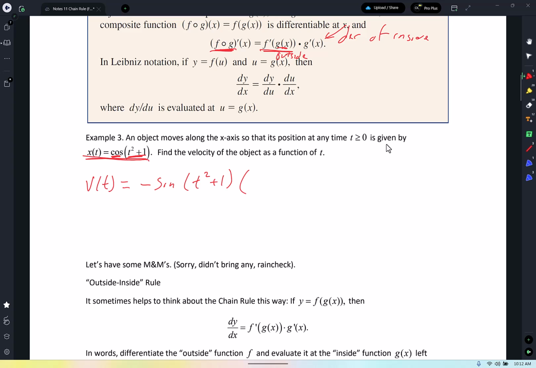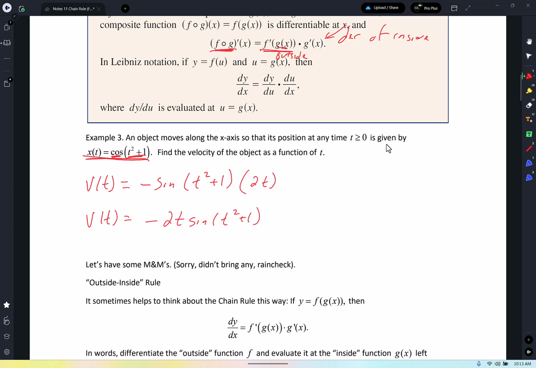It's cosine of t squared plus 1. So now you got to take the derivative of the inside. What's the derivative of t squared? 2t. There it is. So if we're rewriting it nice and pretty, negative 2t sine of t squared plus 1.